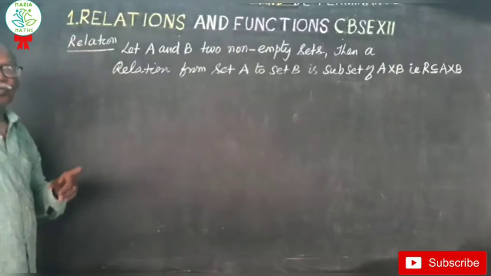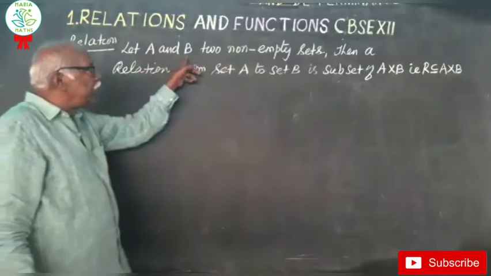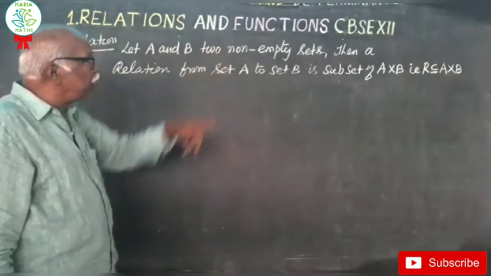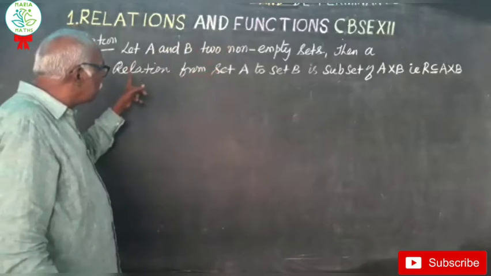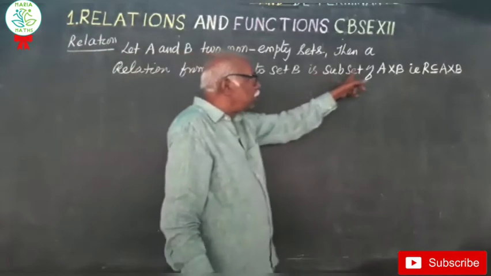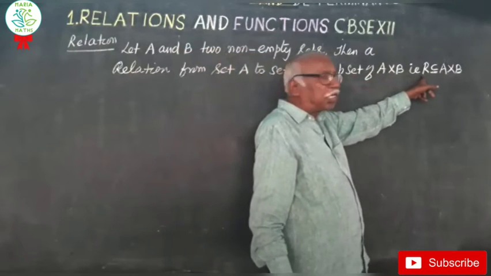Relation. Now we are going to learn what a relation is. Let A and B be two non-empty sets. Then a relation from set A to set B is a subset of A cross B. That is R. R is a relation.